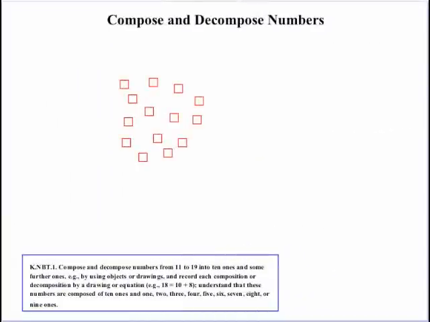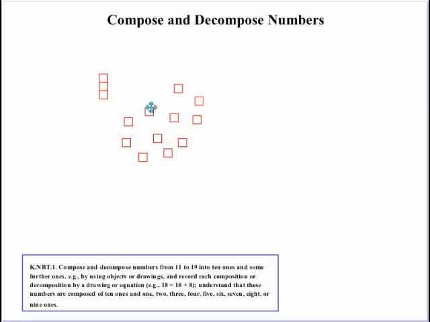Now let's say we have these objects, and we're having the students work with them. According to the standard, we need to take this bundle and rearrange it in such a way where we have 10 ones. So we want to have the students rearrange them in such a way where we're going to end up with 10 ones.